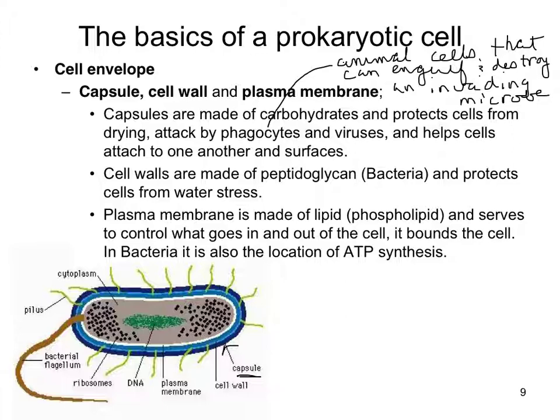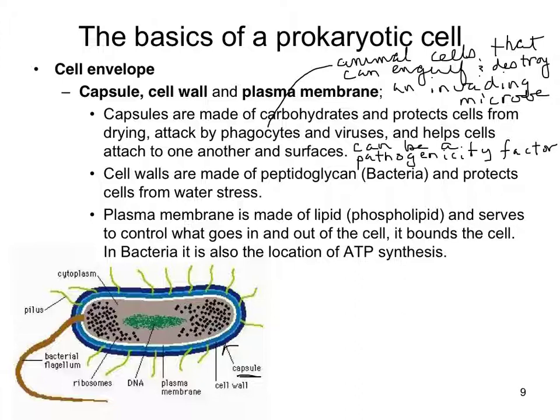Capsules are also helpful in allowing bacterial cells to attach both to one another and to surfaces. So because of these features, capsules can be a pathogenicity factor. Remember, I defined a pathogenicity factor in the previous slide.